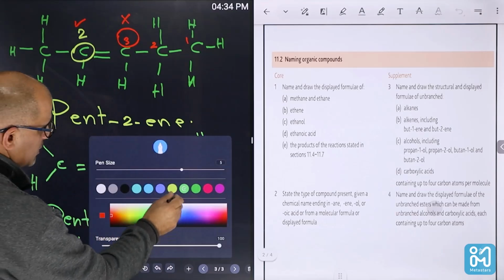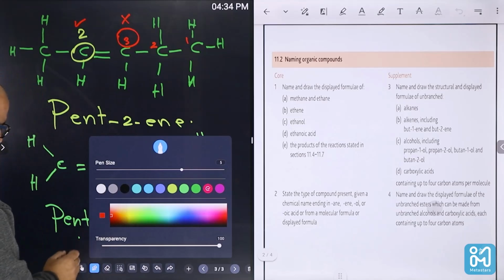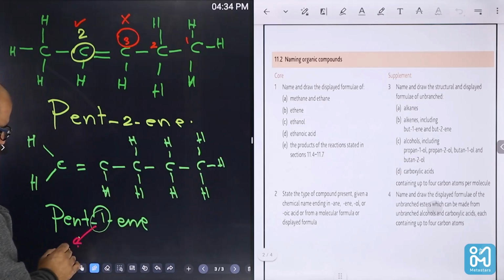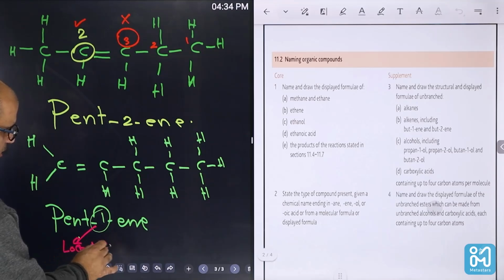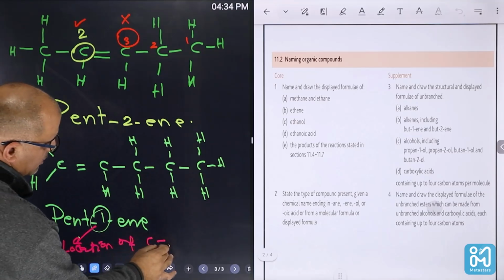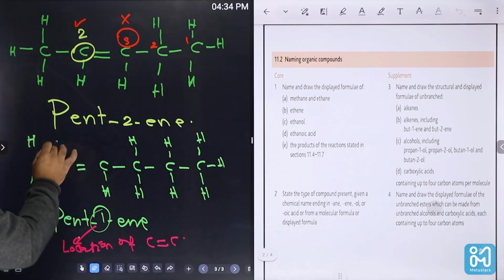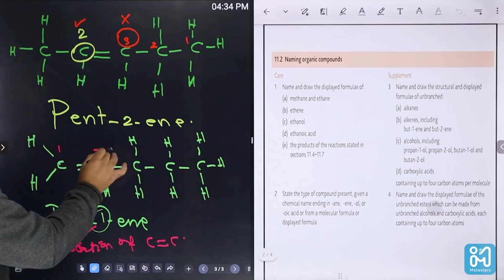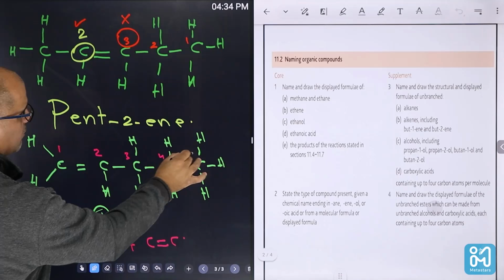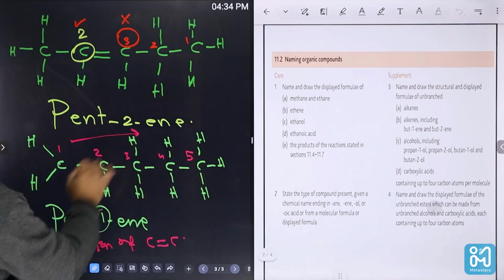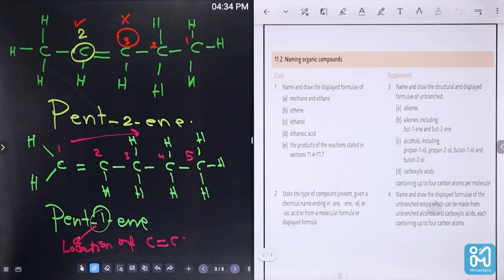This one will show the position of the double bond. So this is the location or the locant or the position of carbon-carbon double bond. It starts from carbon number 1, 2, 3, 4, 5. So we shall count in this direction. This is about the alkenes.